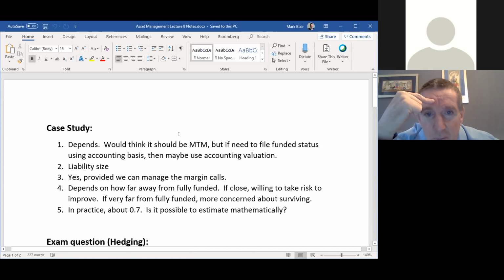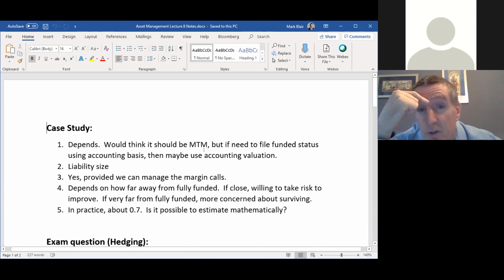And if the market moves in such a way that on a mark-to-market basis you're fully funded, but on an accounting basis, due to your hedging, you're actually underfunded, and it's the accounting basis that you have to report, then you should be cautious about hedging to the mark-to-market. In fact, you probably want to hedge to the accounting valuation, even though it's not reflective of the economic reality.